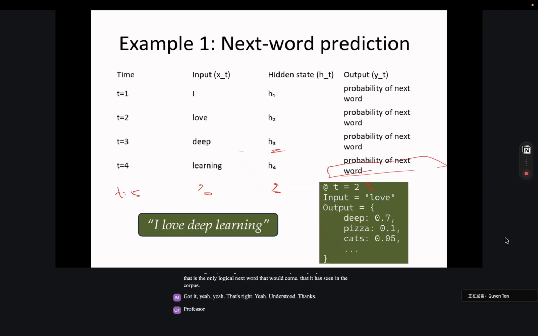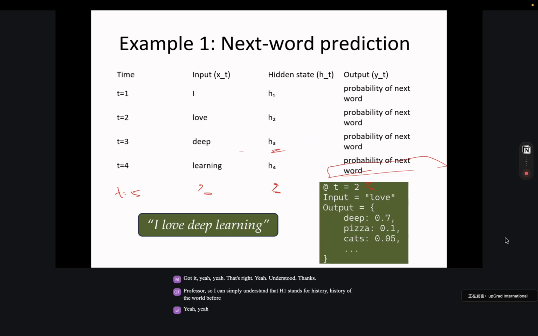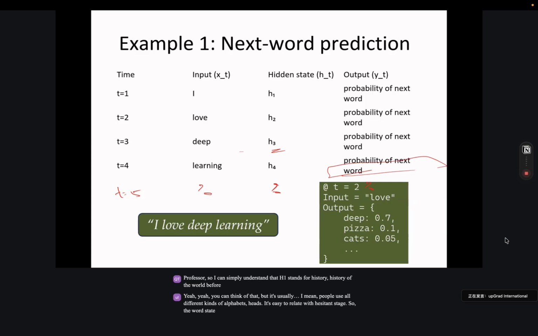Professor, so I can simply understand that H stands for history. History has the word before, right? Yeah, you can think of that, but people use all different kinds of alphabets. H is easy to relate with hidden state. The word state is a very engineering term.